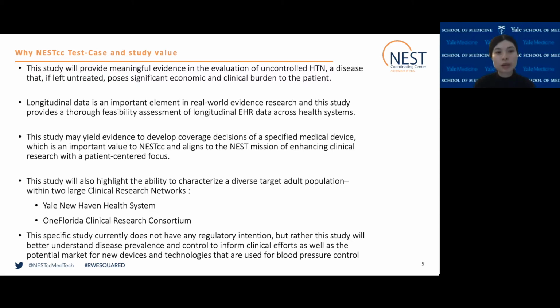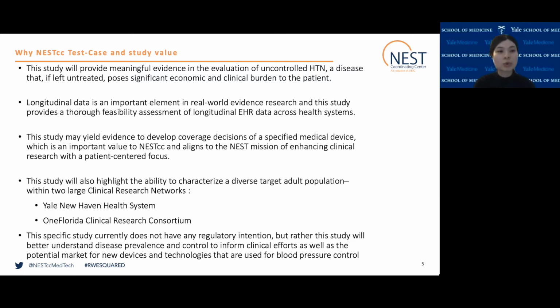Longitudinal data from the electronic health record is an important element in real-world data evidence. This study will provide a comprehensive feasibility assessment of longitudinal EHR data across two large health systems. And the result of this study will also provide information to develop coverage decisions for a specified device.